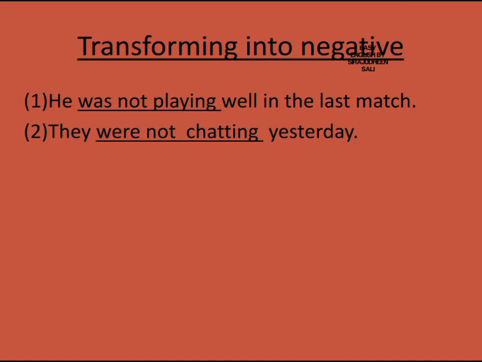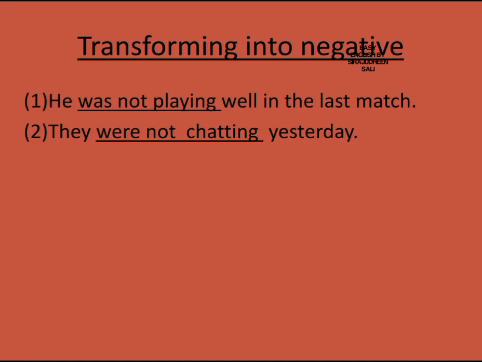So let's study how to transform this sentence into negative. He was not playing well in the last match. That is the first sentence. He was not playing well in the last match. That is the negative sentence. The positive sentence of that one is, he was playing well in the last match.